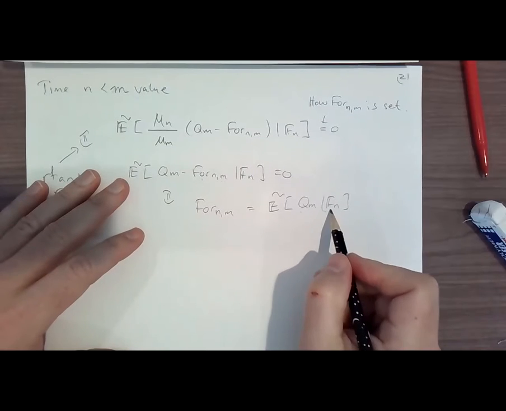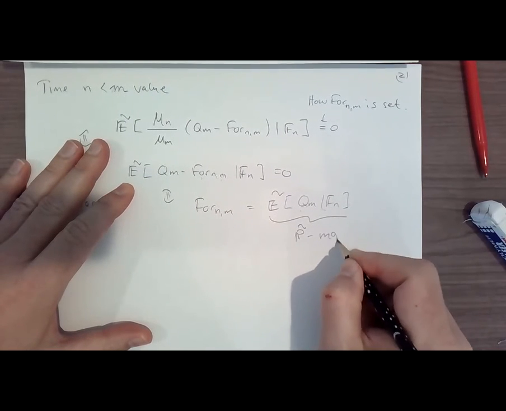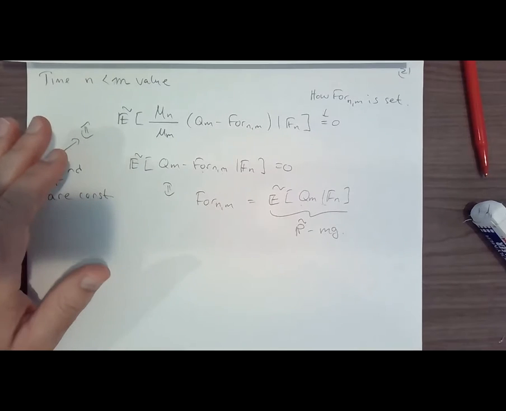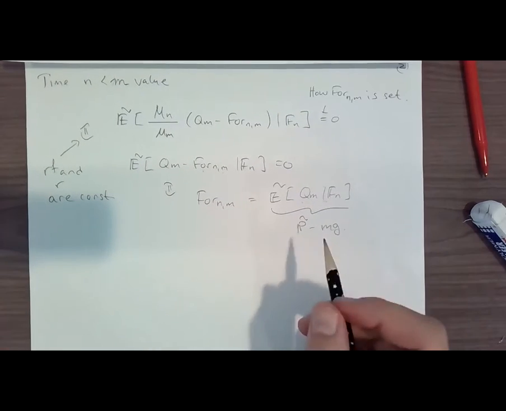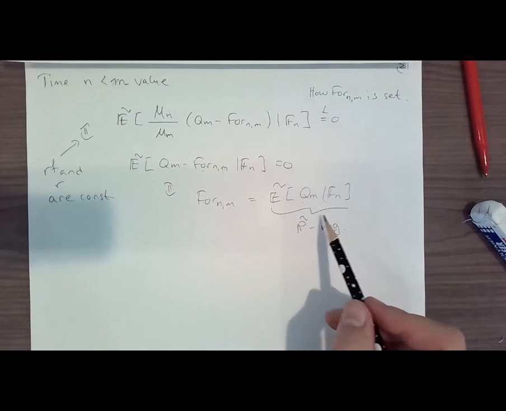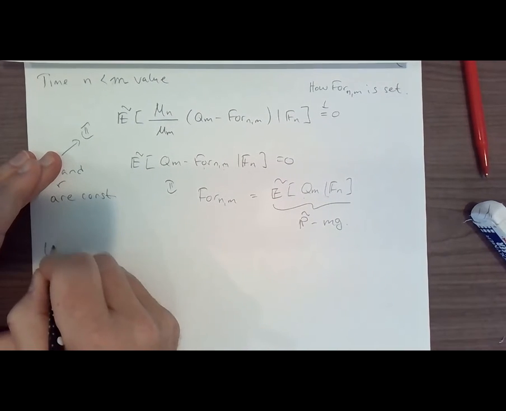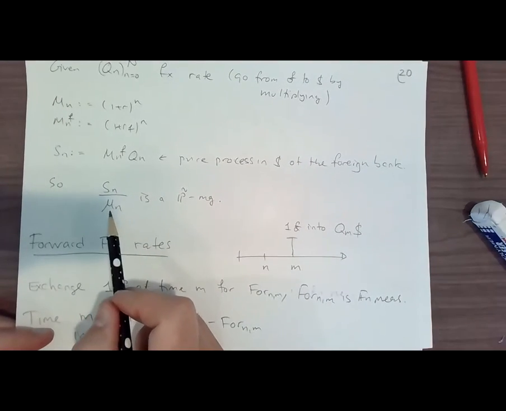Remember, when we have a random variable and we condition, we're going to get a martingale. This one here is a P tilde martingale. And we can work out what this is, very similar to what we had done before. We can work out what this expectation here is. So we can use this martingale property here.